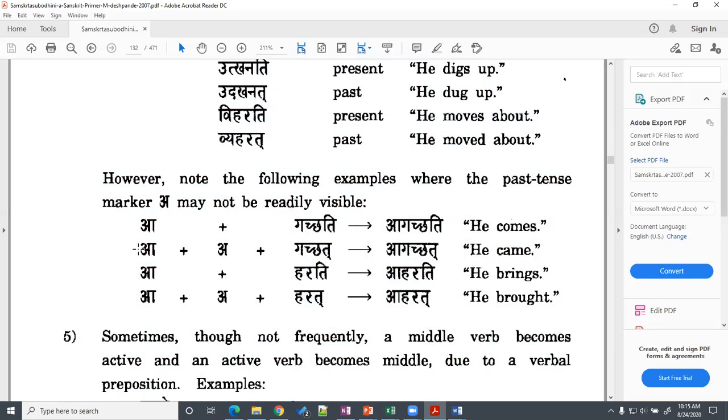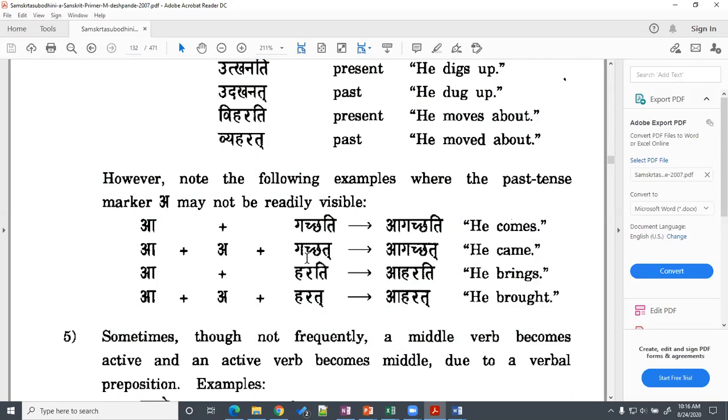If the prefix is also like this, a-kara, then they both mix together with sandhi, and it may not be very easily visible that it was indeed a past tense form. So based upon the context, you could recognize them, but that's what it means.